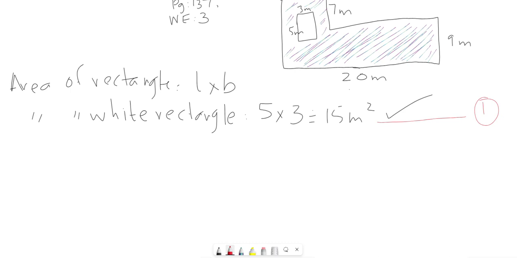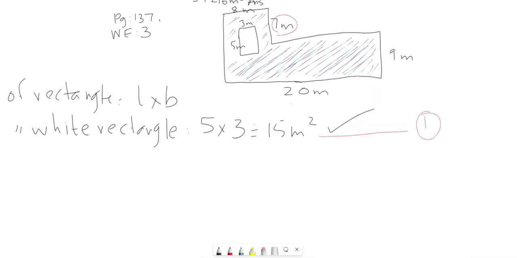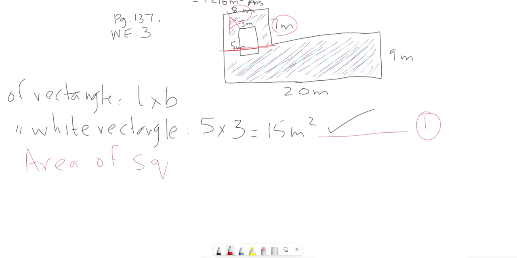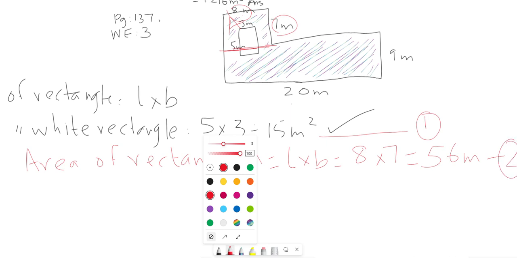If we look at this part, 8 meter and 7 meter, and draw an imaginary line over here, this red line, we can call this shape A. Area of rectangle A, it's not a square, it's a rectangle, is equal to length multiplied by breadth, is equal to 8 multiplied by 7, is equal to 56 meter square. So this is answer number 2, or part 2.